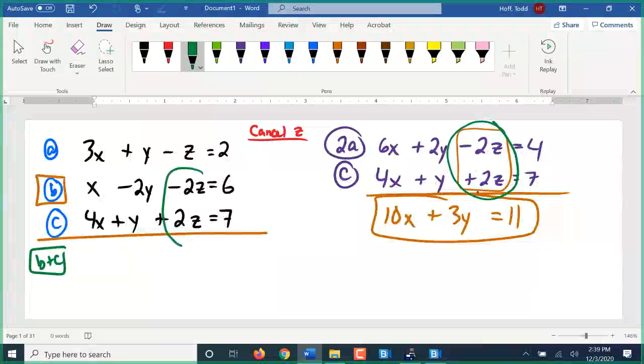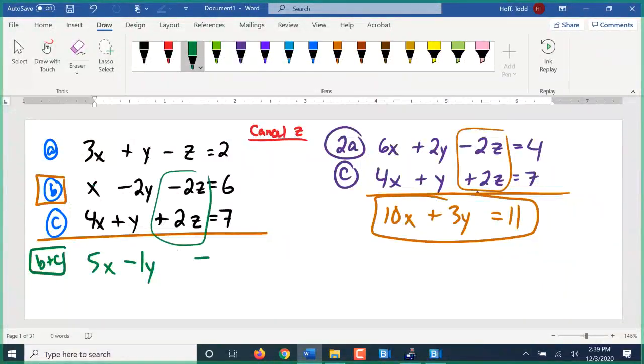I have to make sure that I cancel out the same variable, in other words, z, again in the second step. So x plus 4x is 5x. Negative 2y plus positive 1y is a negative 1y, or negative y. I'm going to write it as negative 1y. Negative 2z and positive 2z cancel out, 0z. And 6 plus 7 is 13.